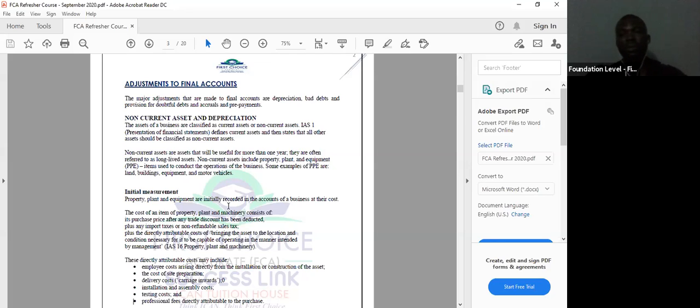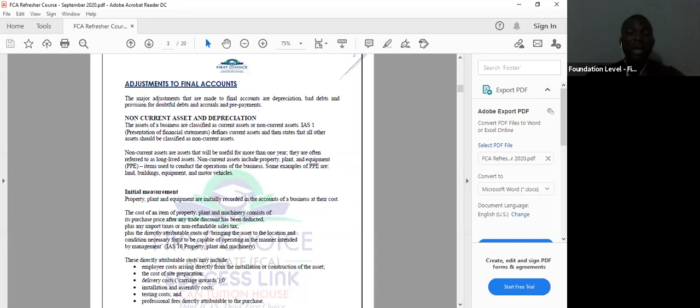We have the major adjustments that are made to a final account: depreciation, bad debt and provision for doubtful debt, accrual and prepayment.